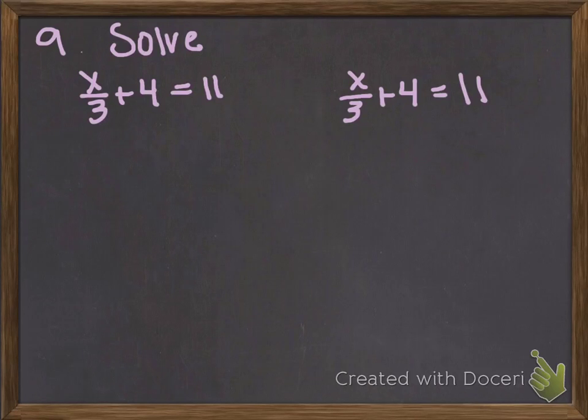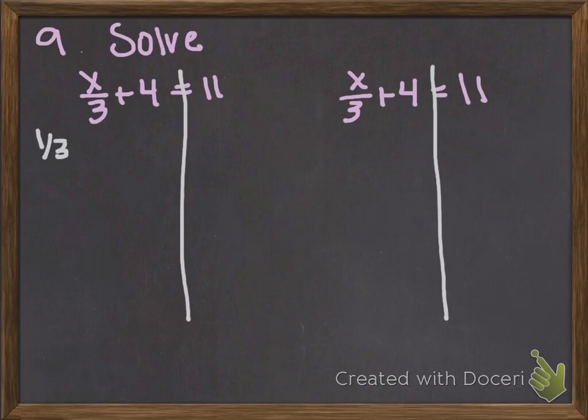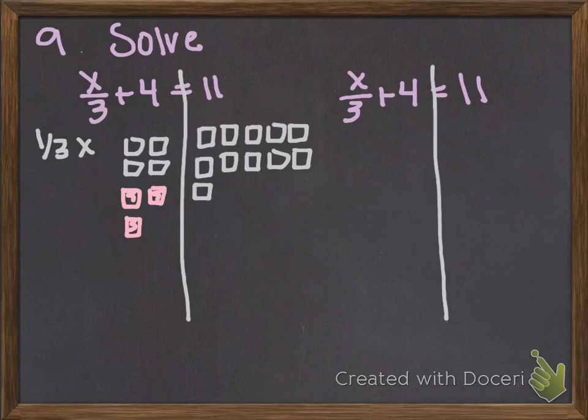And I'll apologize, when I was making this there are some typos in there, but I think I caught them all. So the first thing is to draw your 1/3 x plus 4 equals 11, and then get rid of that plus 4 by adding the negative 4 on both sides. So that's what that looks like in the picture.